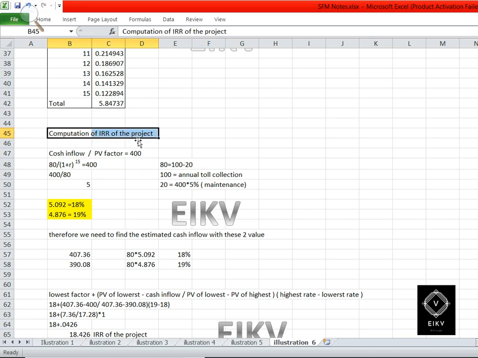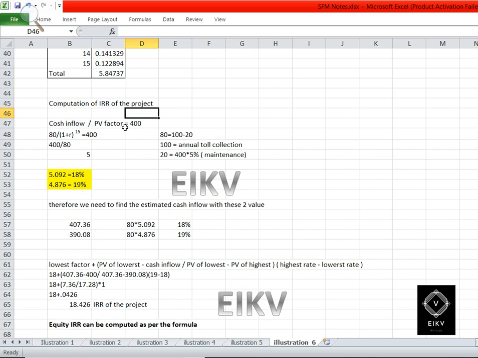Now next we are going to compute the internal rate of return, the IRR, of the project. For the IRR of the project, we need cash inflow into PV factor equals 400. Taking the figures, we get 80 divided by (1 plus R) raised to 15 equals 400.